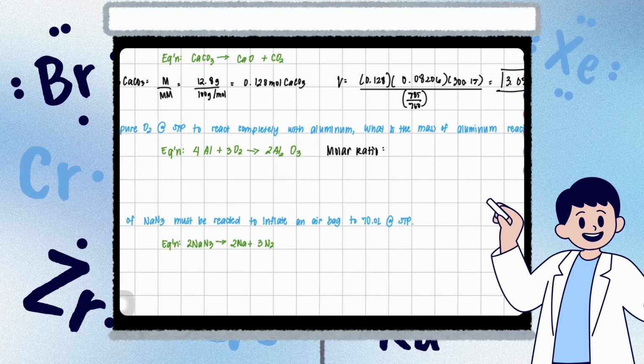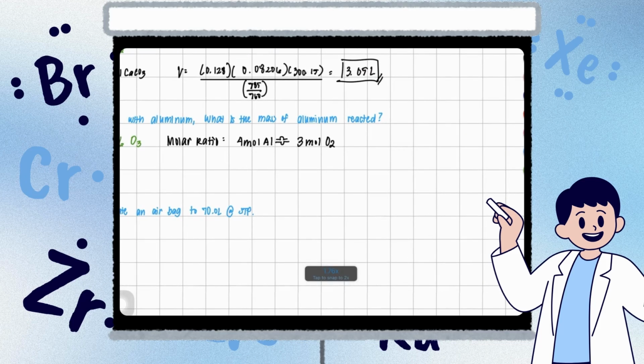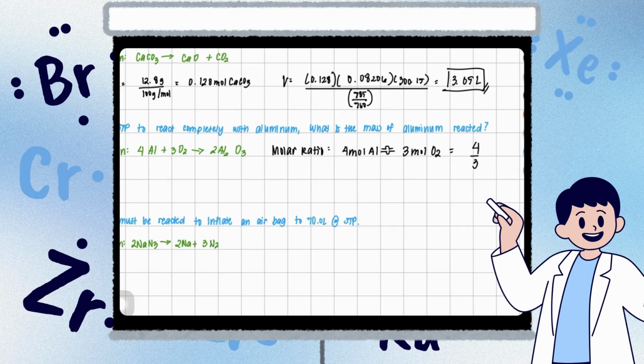So for our molar ratio, we have 4 moles of aluminum in ratio with 3 moles of O2. So our ratio will be 4/3. Now that we have our molar ratio, we can get the number of moles of O2.